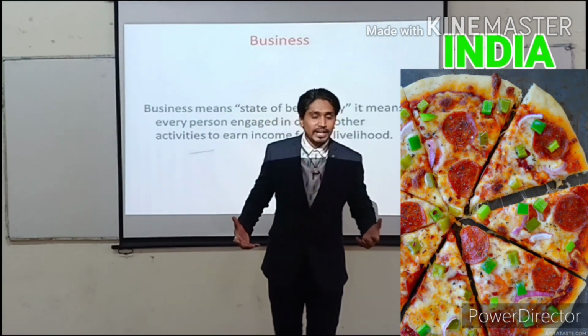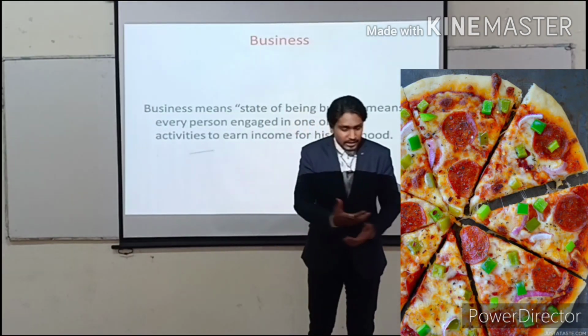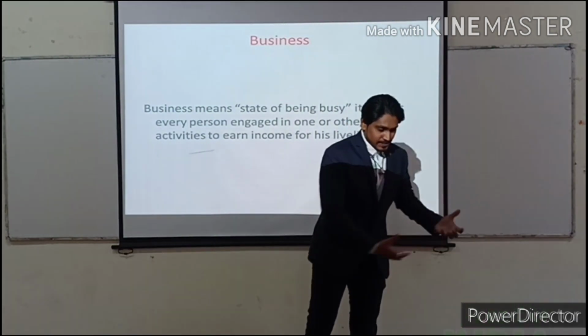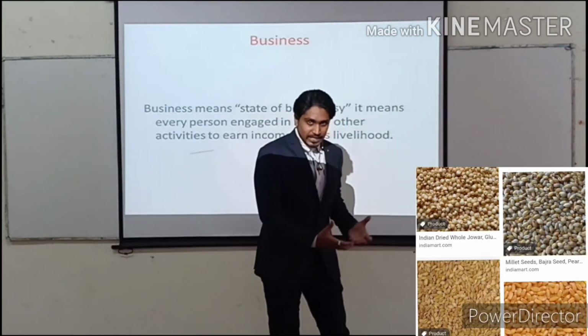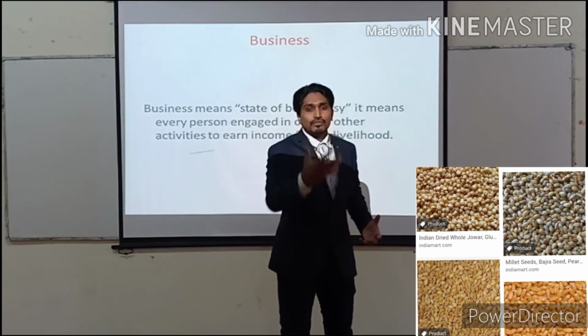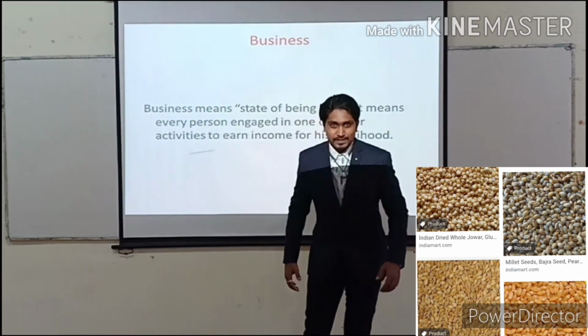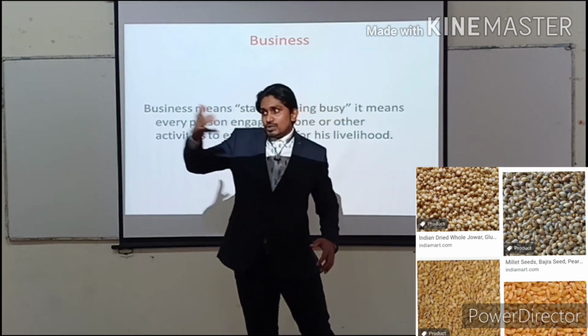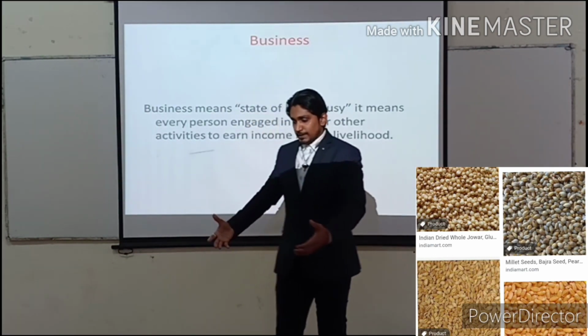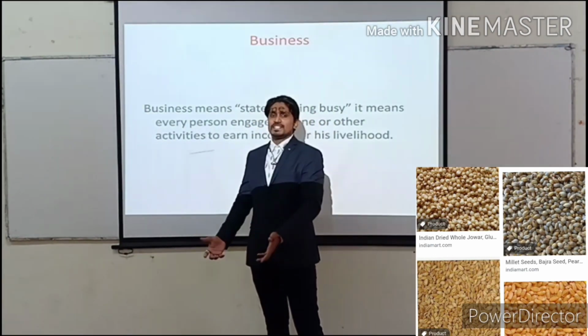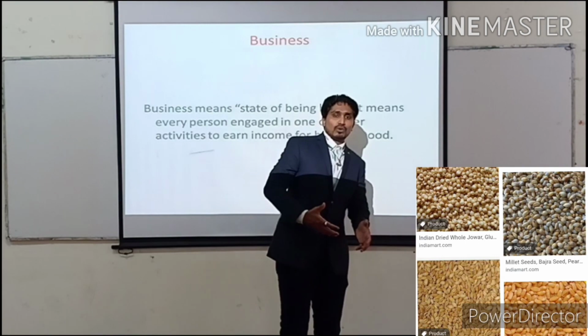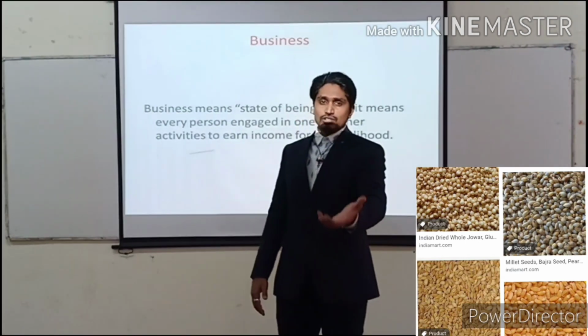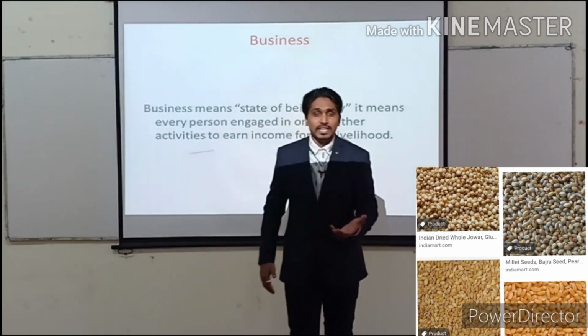America is procuring our ingredients, our raw material at the cost of, say for example, 10 rupees. It is going to America, America gets the finished product like pizza. Again, same pizza is coming to us, we are buying at the cost of 100 rupees, 120, 150.